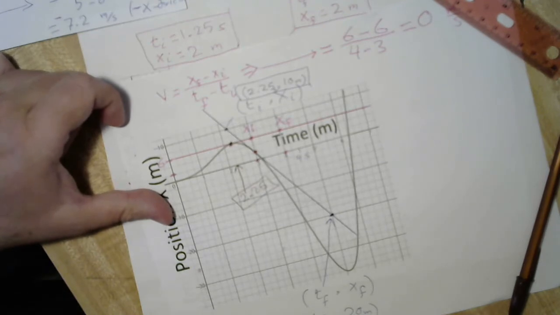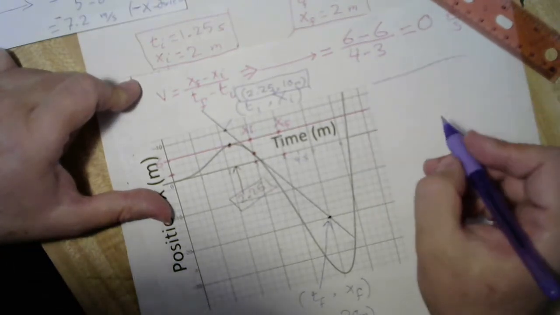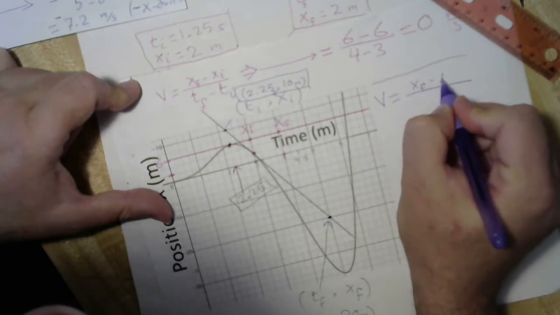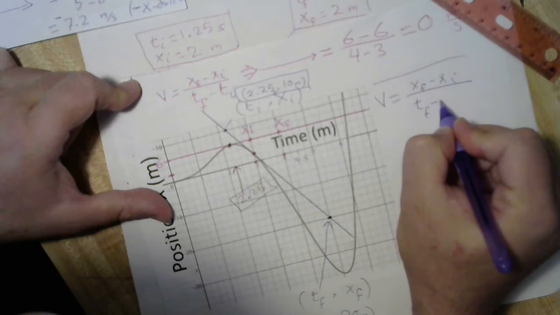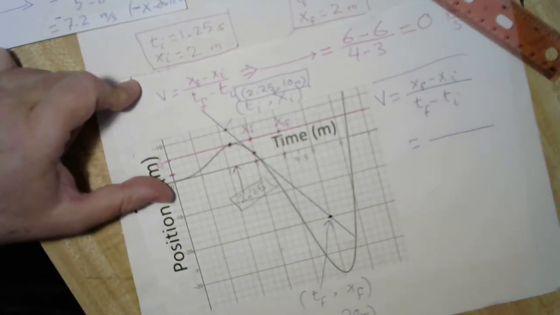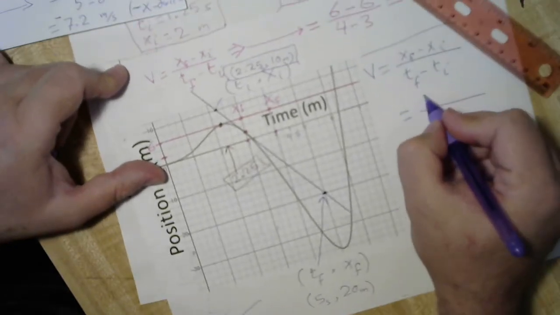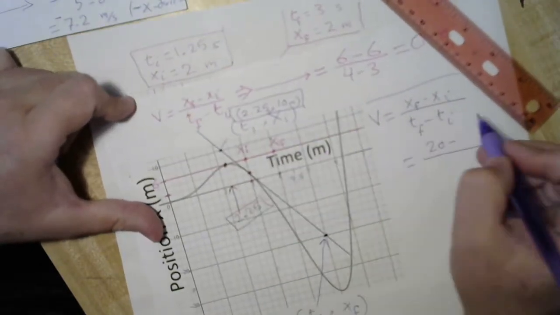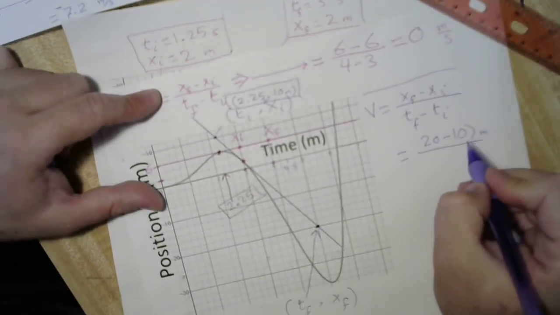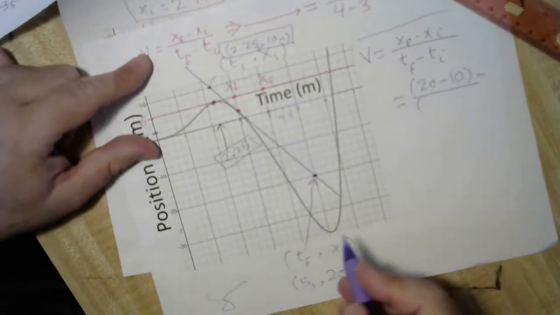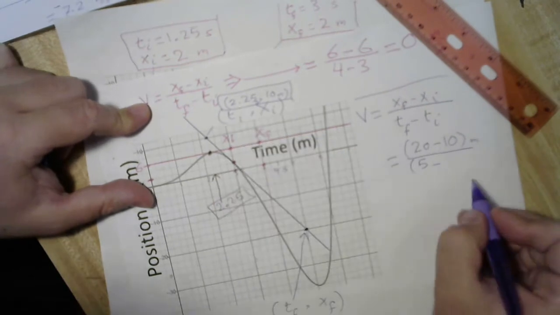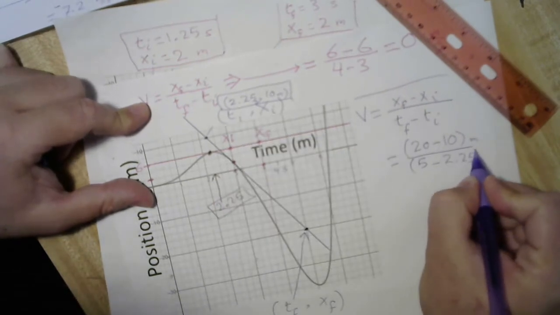Okay, I can now calculate the velocity. Velocity is equal to x final minus x initial over t final minus t initial, which is equal to 20 minus 10 in meters, divided by 5 seconds minus 2.25 seconds.